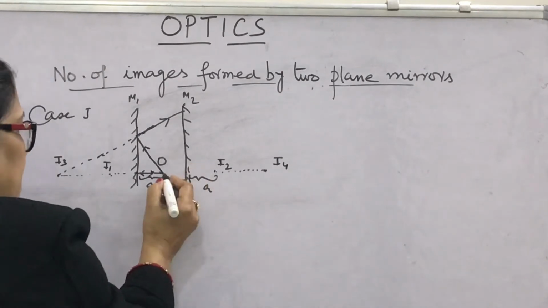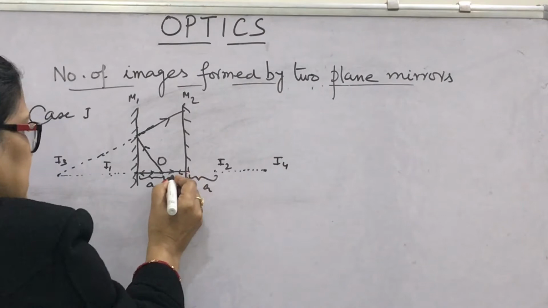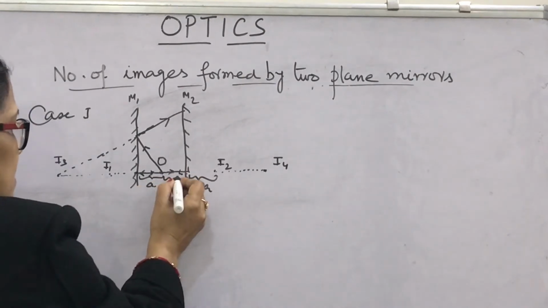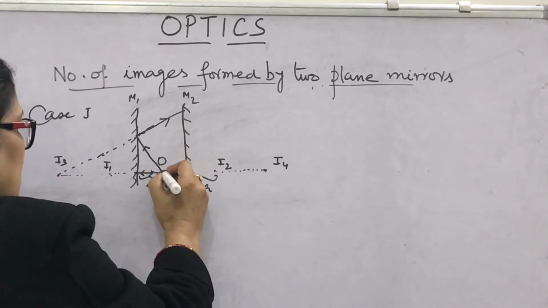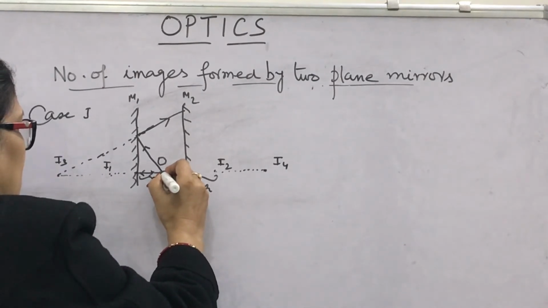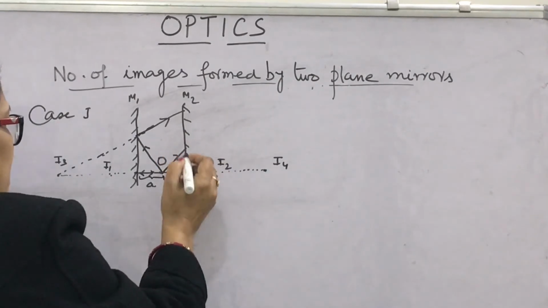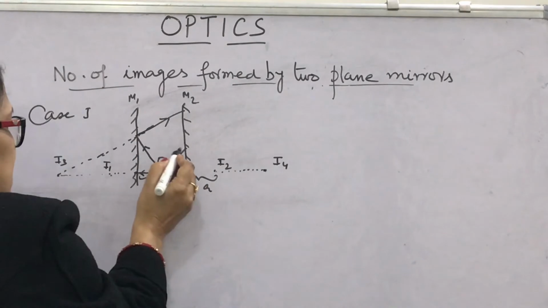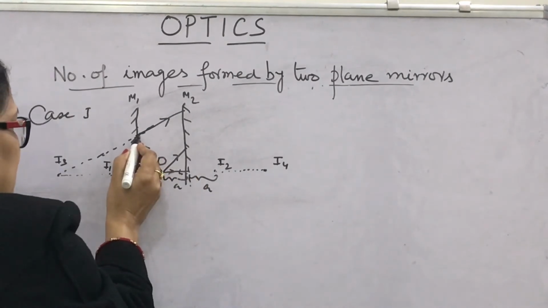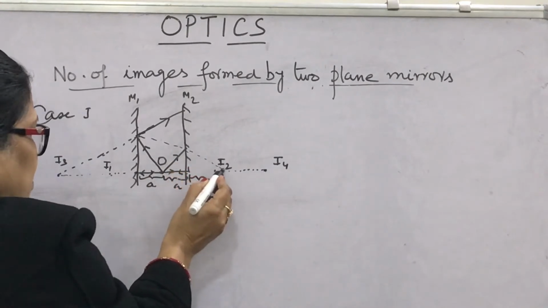Similarly for here, if you see this is the normal incidence, so it retraces its path, I0 R0, and another ray at this point now like this. So it will move in such a way that if it is reflected, it is supposed to be coming from I2.